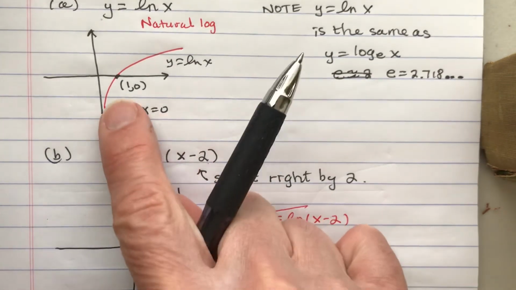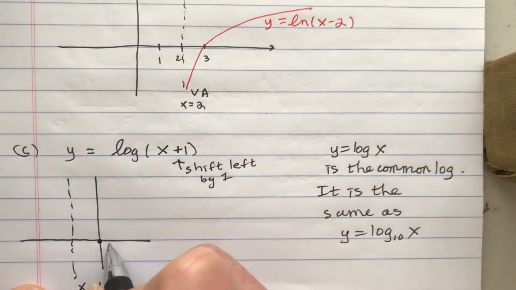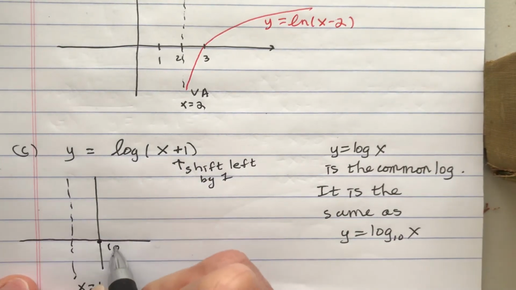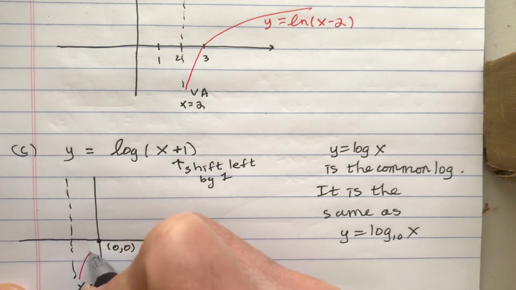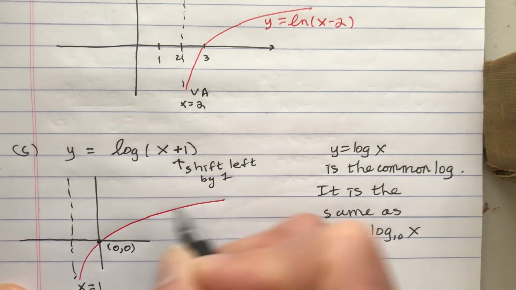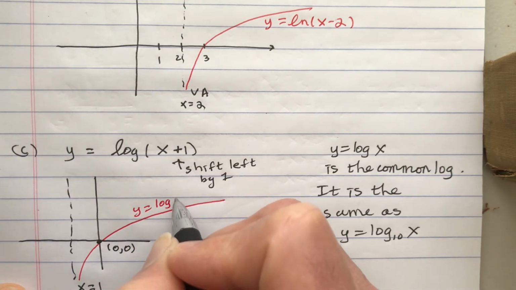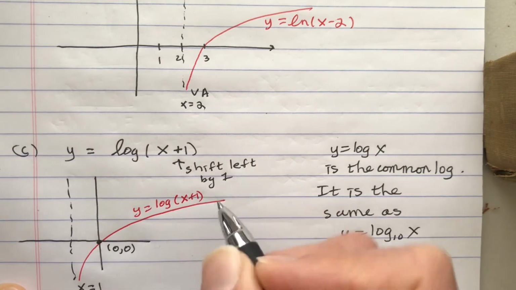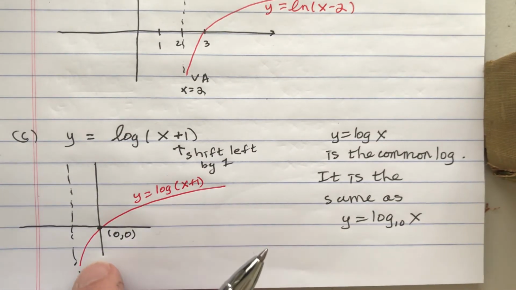So in particular (1, 0), I subtract 1, I get (0, 0). So those are the things I want to focus on: the vertical asymptote and the x-intercept, but also the general shape.